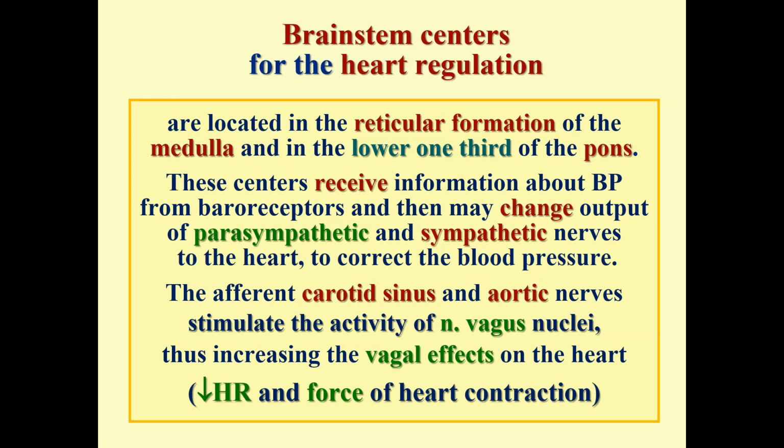So you see, first, baroreceptors respond to the blood pressure proportionally. The higher the blood pressure, the higher the rate of impulses generated by these receptors and sent by sensory nerves from the carotid sinus and aortic arch.